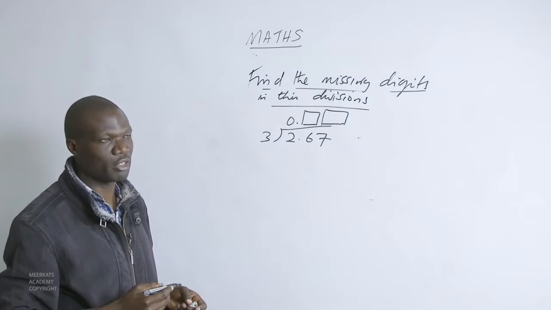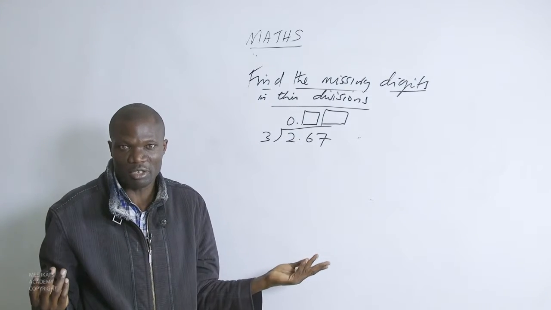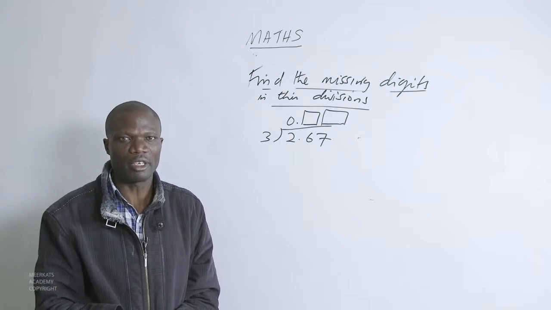So the number that we have is that. This is just straightforward. They're asking us to fill the boxes. That one can only be filled by simply carrying out the division.